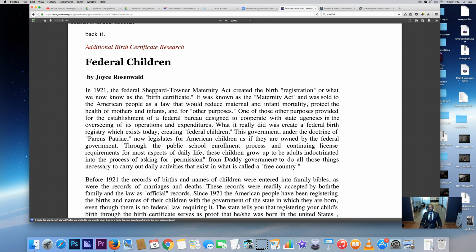Because what happens to property that is not claimed by its rightful owner? It gets claimed or reclaimed by a third party that knows that property has not been claimed.